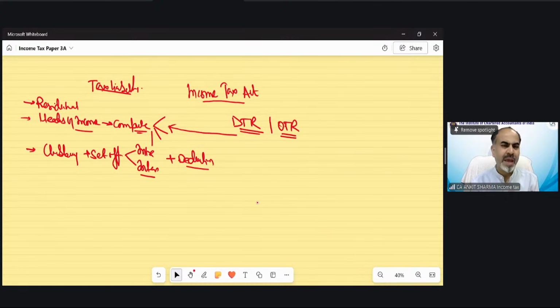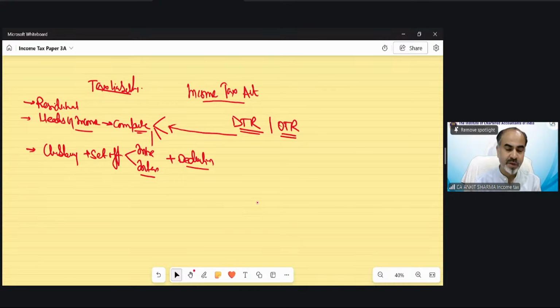Under capital gain, there is no such bifurcation for default and optional tax regime. But under income from other sources also, there could be different provisions applicable, like in case of pension, etc. Even in case of salary, standard deduction is different.